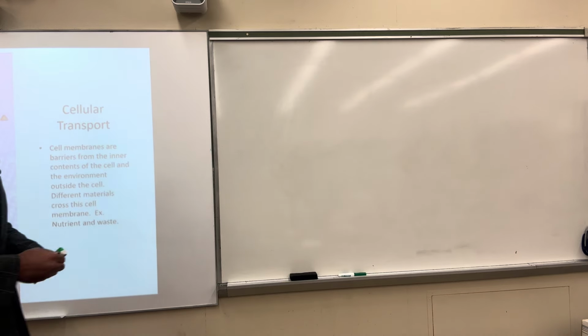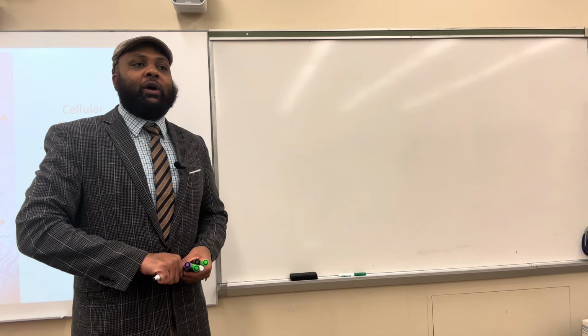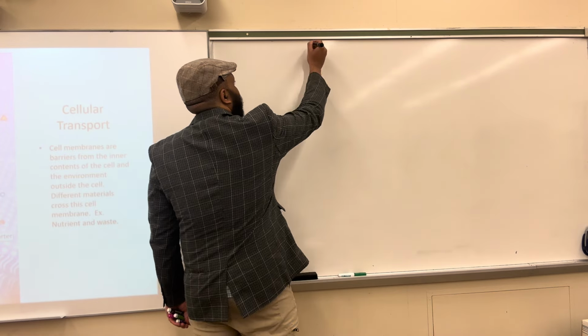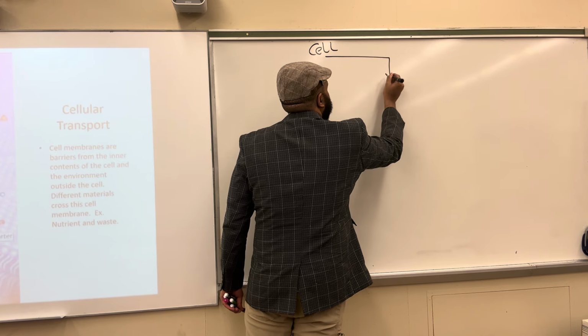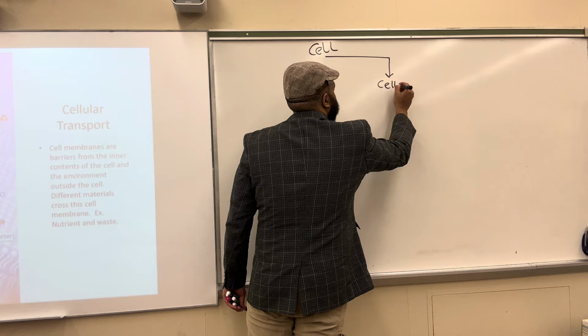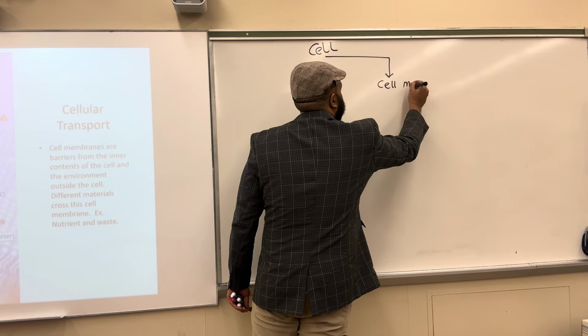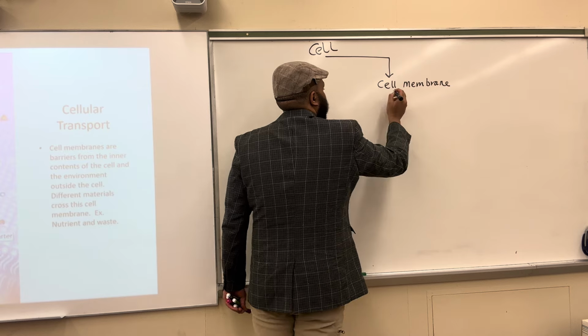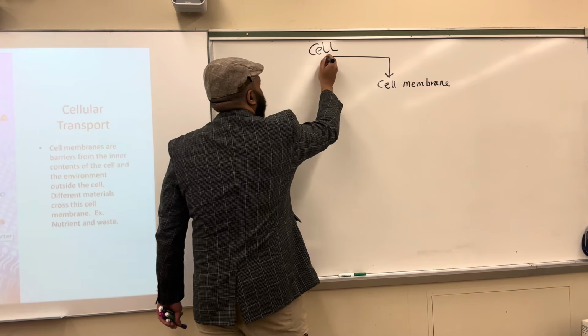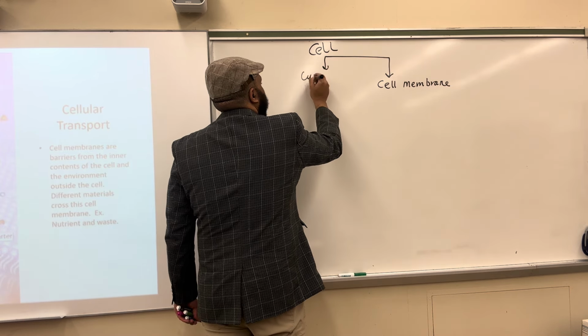Well, if we look at the cell, let's look exactly at where the plasma membrane is. So we have the cell. The cell has three compartments. The first compartment is the cell membrane, or the cell plasma membrane, and we have the cytoplasm.